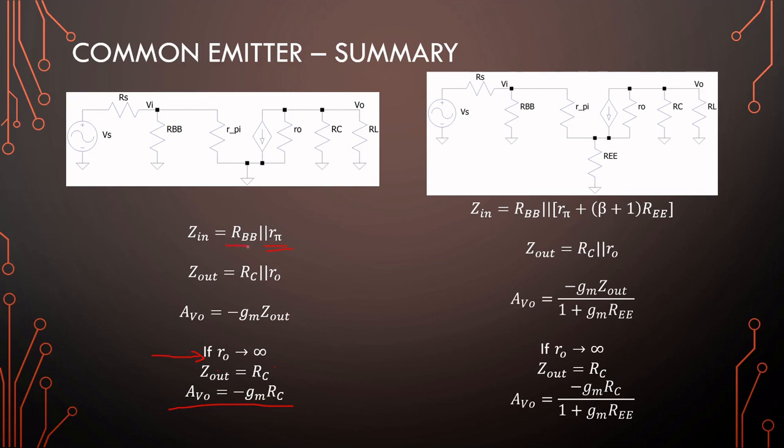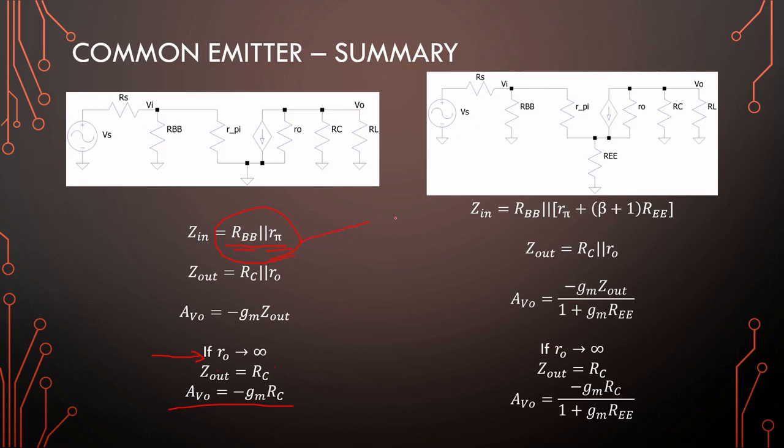But for RBB there are two approaches when doing the bias. There is a rule of thumb, and then there is a method where we can actually design for a specific input impedance, ignoring the rule of thumb when doing DC biasing. The rule of thumb with IC over 10 is just a method of determining the bias resistors. There are more methods to do that.